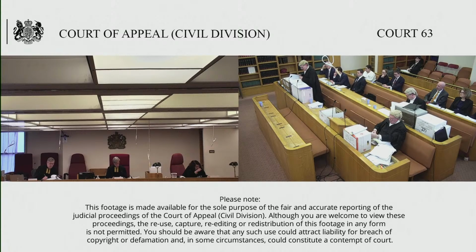And my friend has marked as key to his submissions a passage back on page 174. It's actually part of the section that begins at the foot of page 177, setting out principles as to declaratory relief. And the section starts, this is into page 173, by setting out that there must be a dispute.